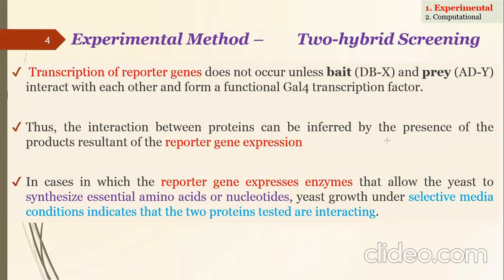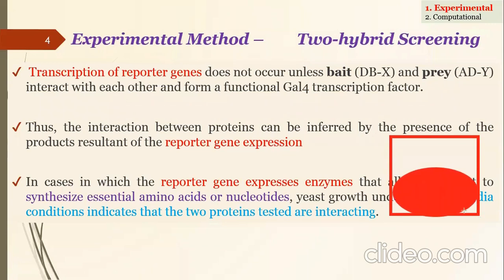Yes, sir. Like if we have a media and we want to know whether a specific yeast can grow there or not, we use the reporter system, where the reporter gene is encoding some important amino acid.